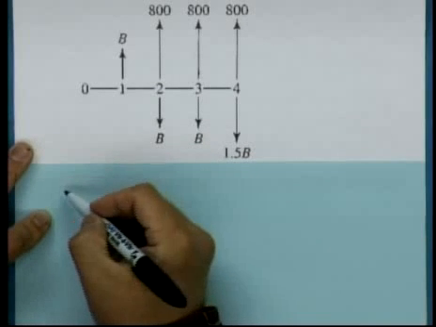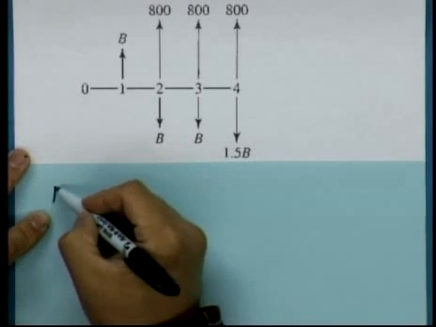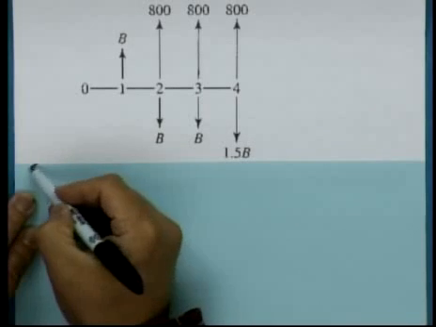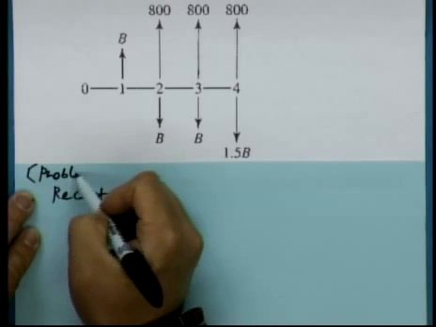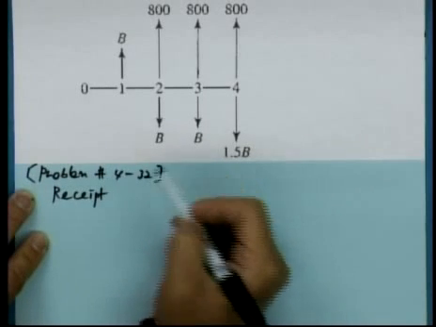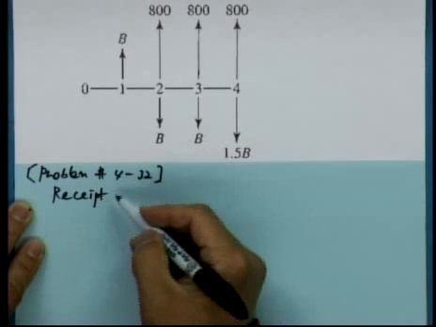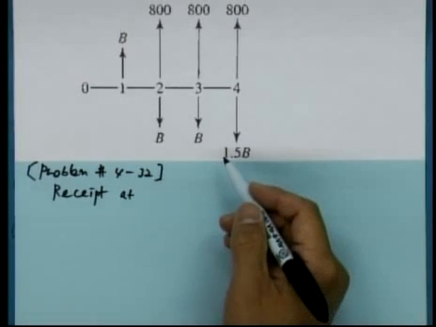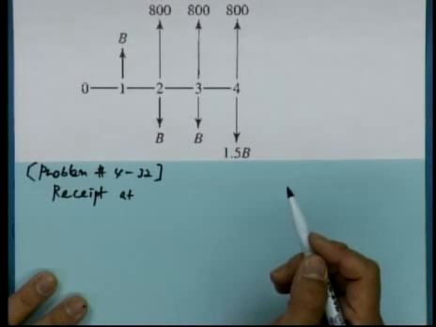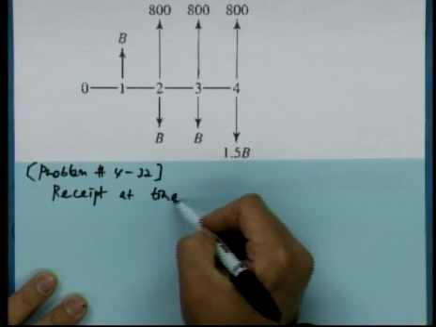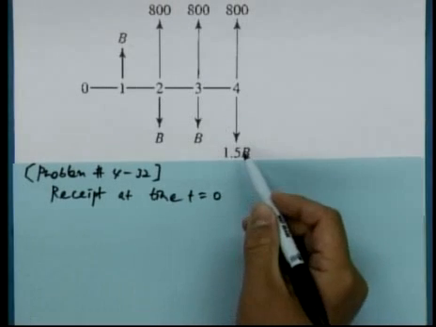So let's say the receipt, okay, this is the problem number 4-32. The receipt at time t equals 0.